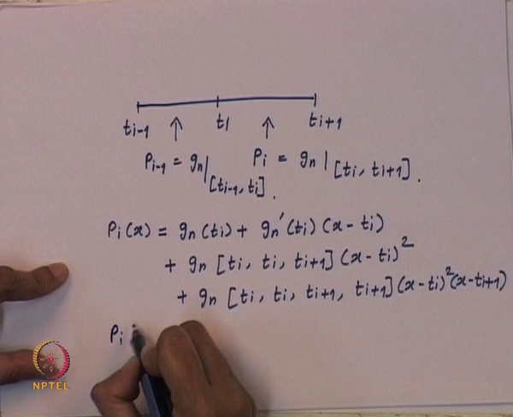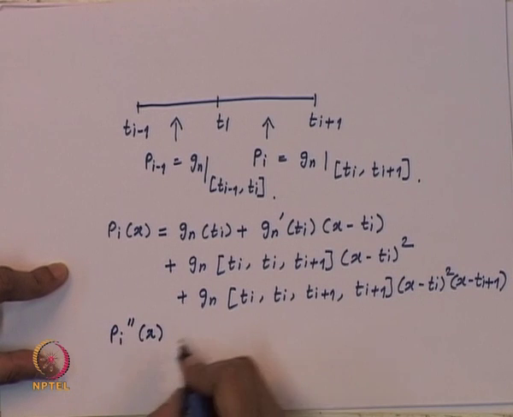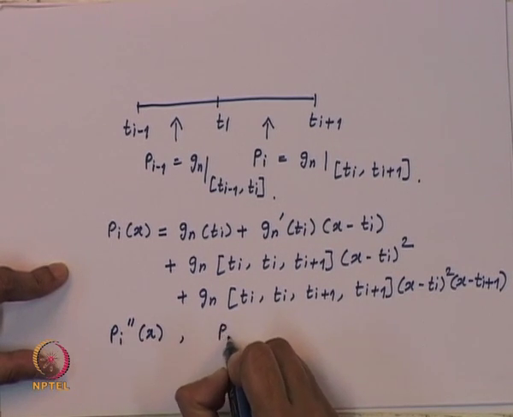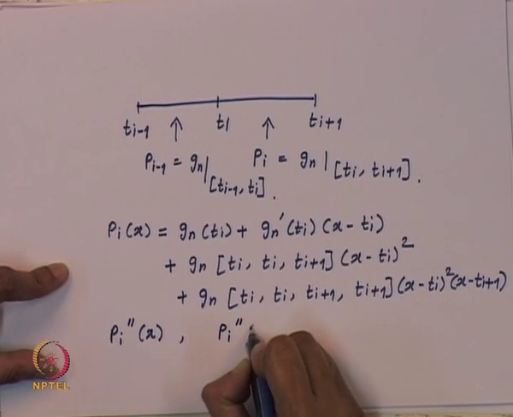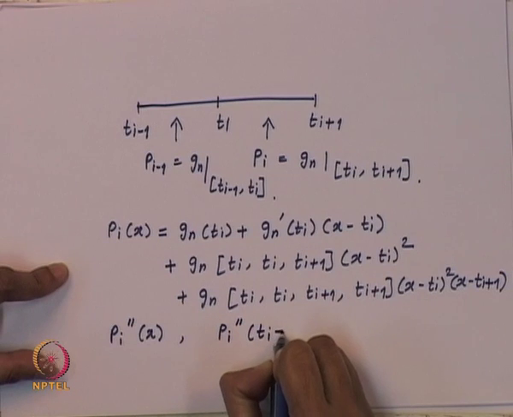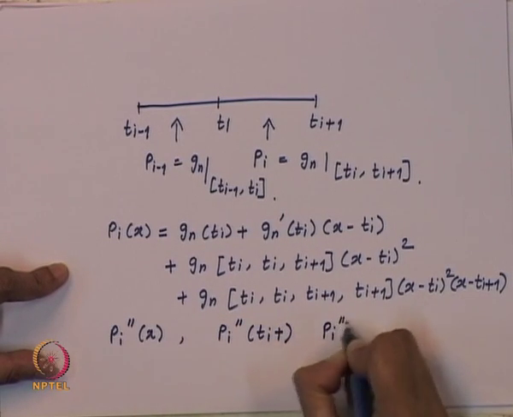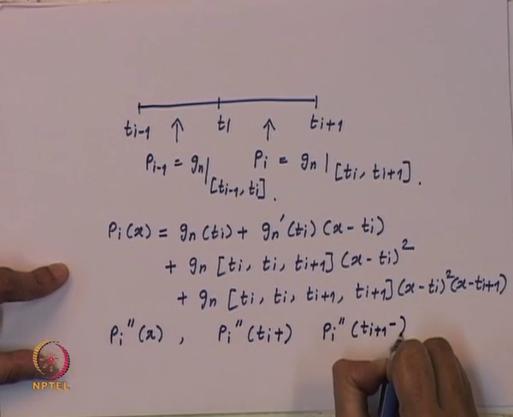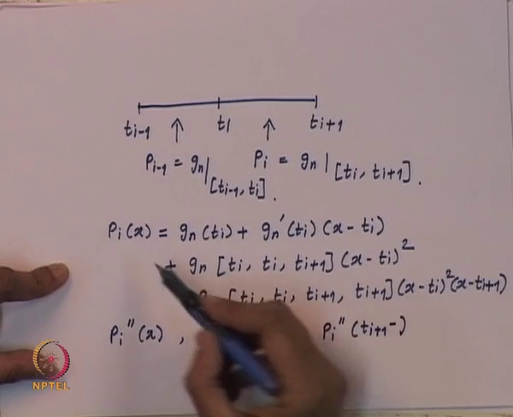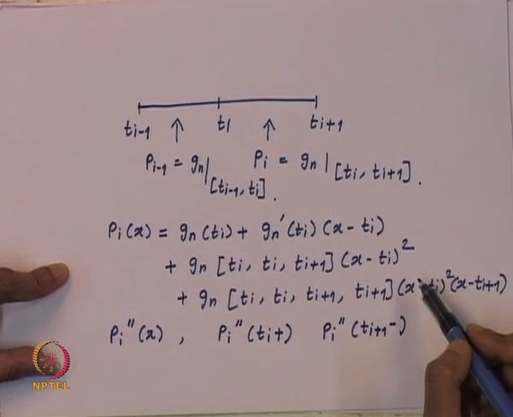Now, you look at the second derivative. So, we can calculate p_i''(x). You calculate the second derivative and then you look at p_i''(t_i+) and p_i''(t_{i+1}-). We have a formula for p_i(x). Take its second derivative.